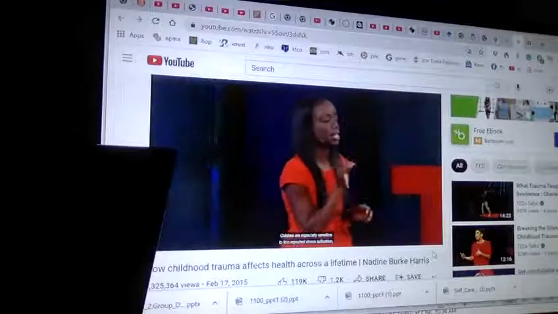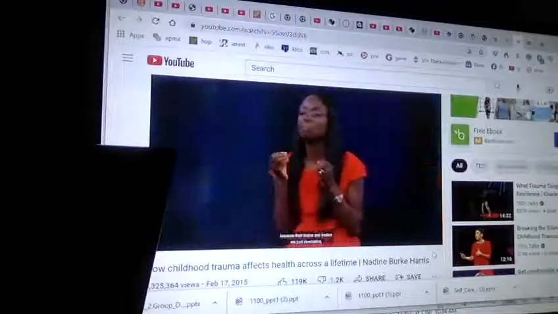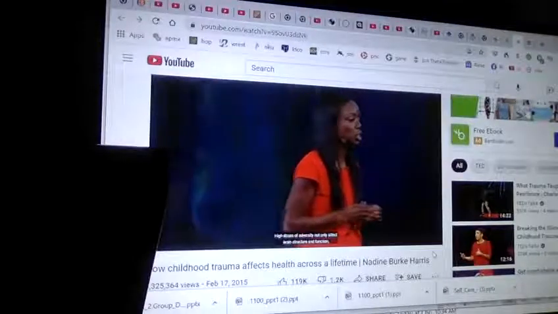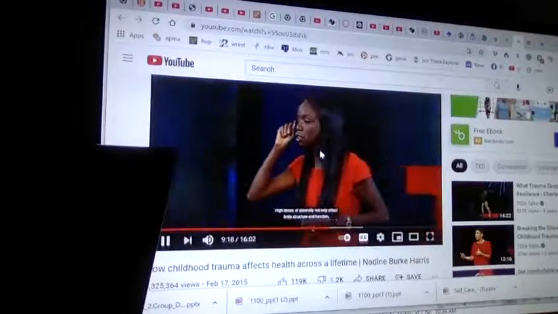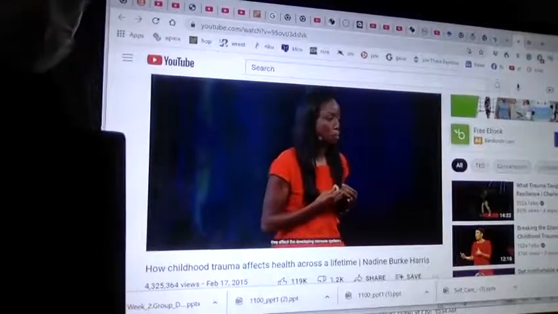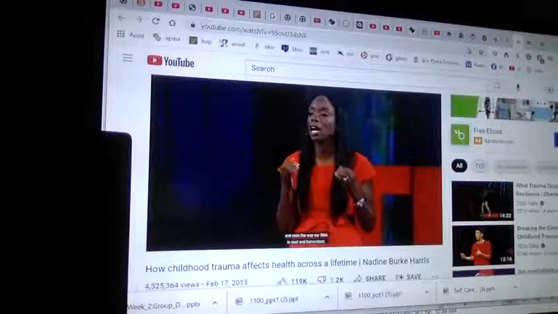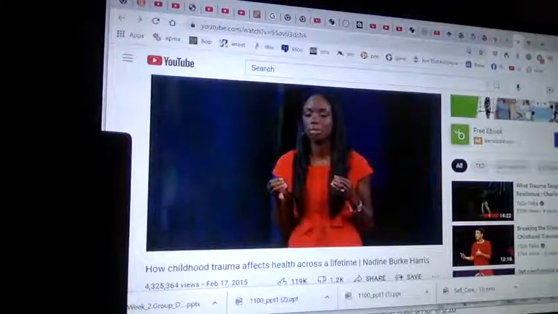Children are especially sensitive to this repeated stress activation because their brains and bodies are just developing. High doses of adversity not only affect brain structure and function, they affect the developing immune system, developing hormonal systems, and even the way our DNA is read and transcribed.